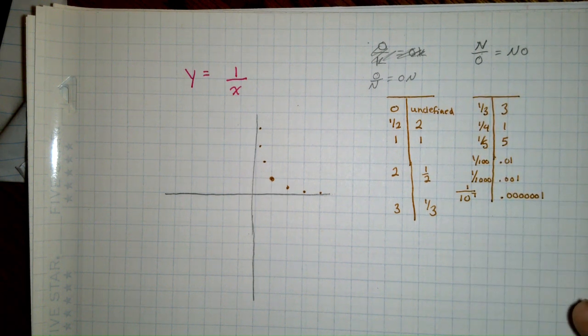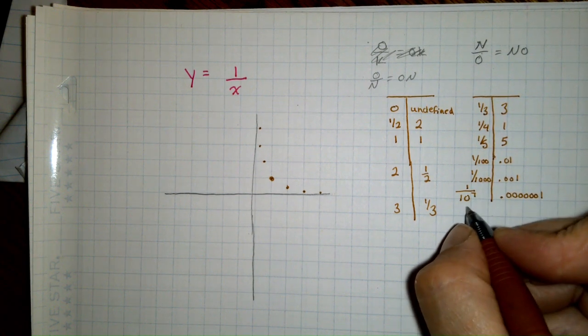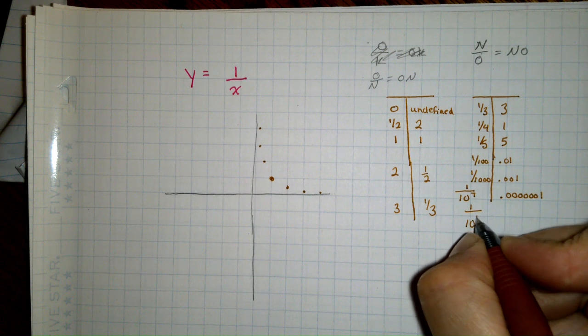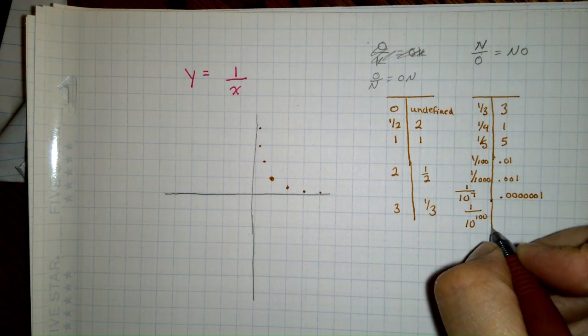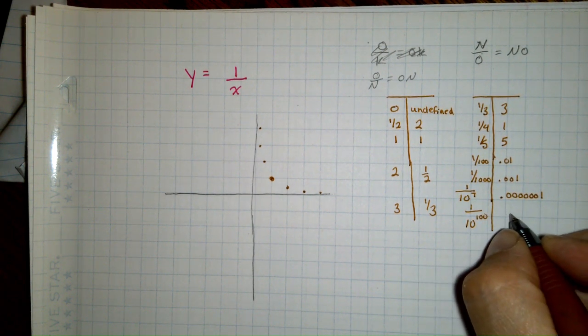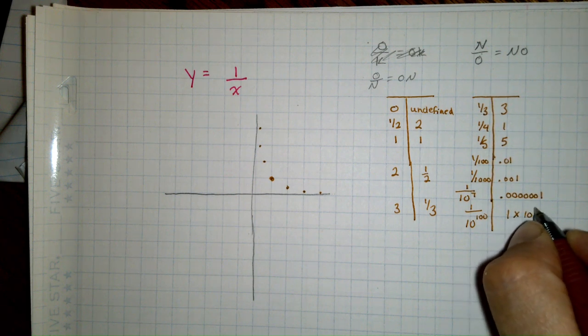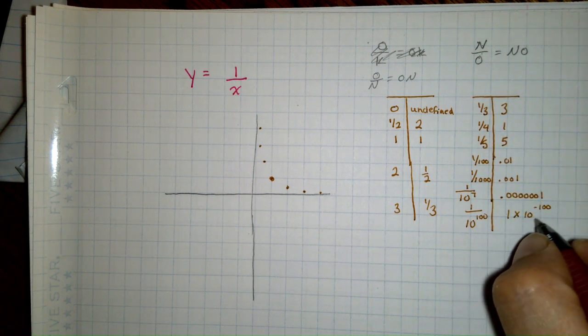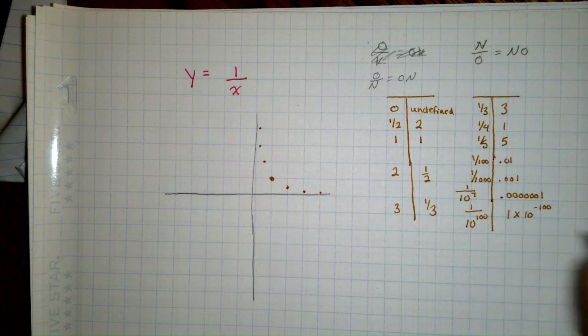Still not 0. If I could do 1 divided by 10 to the 100th, that's a really big number, right? And I would get 1 times 10 to the negative 100th. That's a lot of decimal places. That's very tiny, but it still exists.